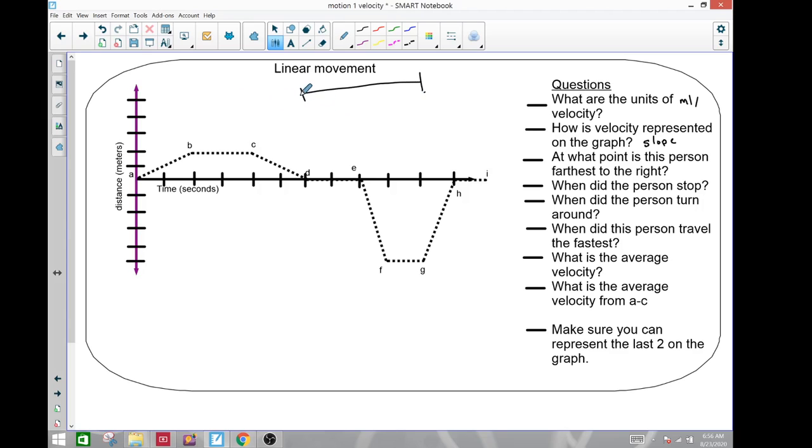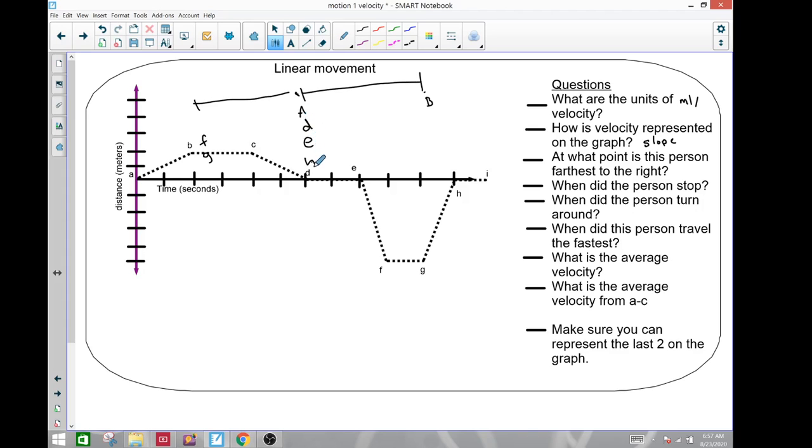If this is our start point, we could say this is A, this is B, and then position-wise they went to E, and then D, they went back here, and then E stayed here, and then F went down this way, stayed here to G, and then back, H went back to here. So we're at the same spot at A, D, E, and H. Does that make sense?